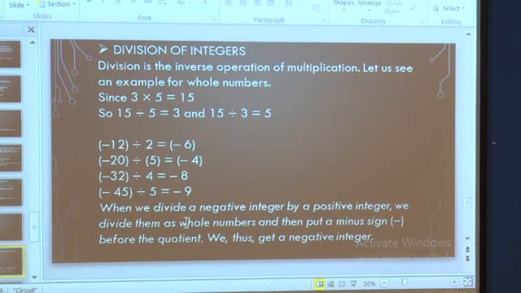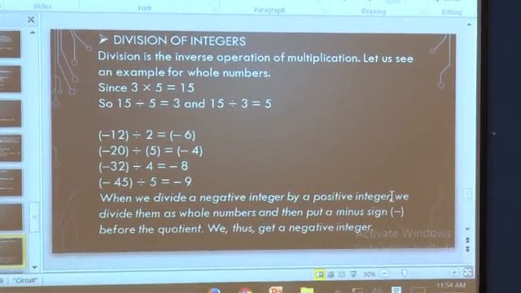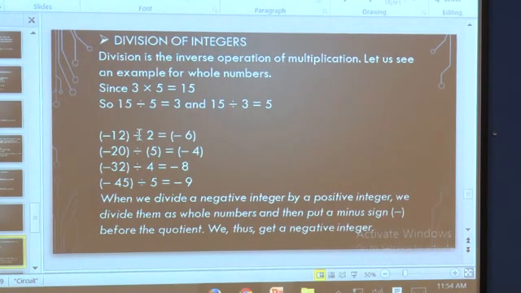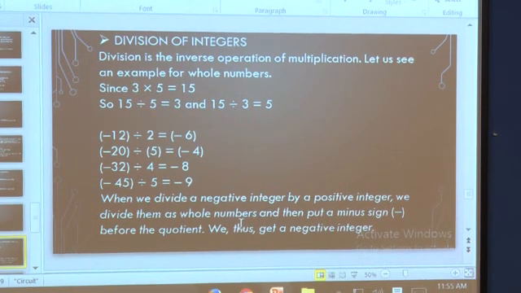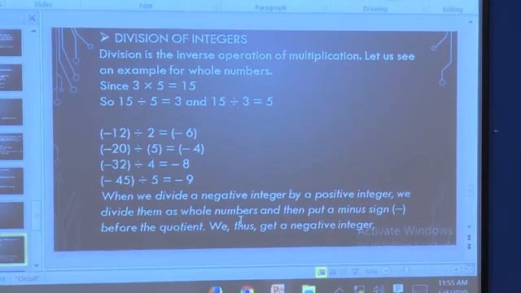Here it is the division of negative integers by positive integers, we divide them as whole numbers. Yes, we simply divide, as I told you previously also, we just have to recite a table, or you can reduce it and then put a minus sign, because we have a negative integer.